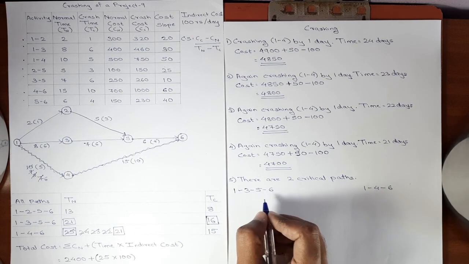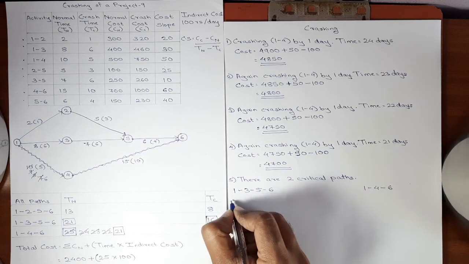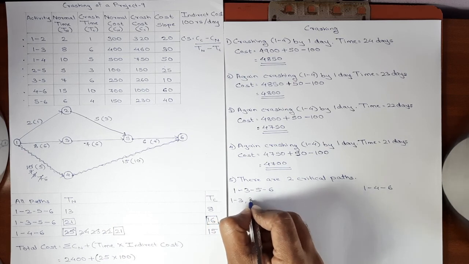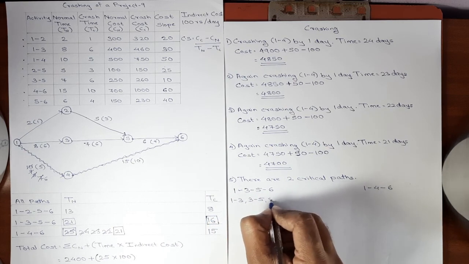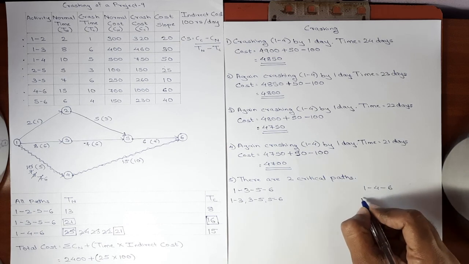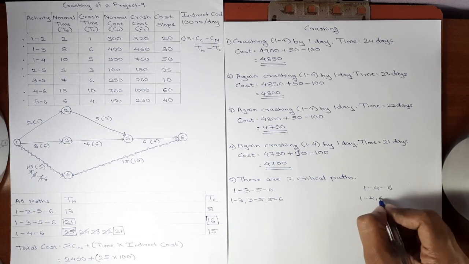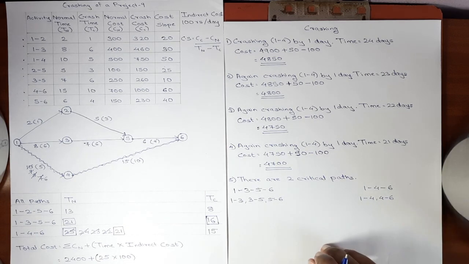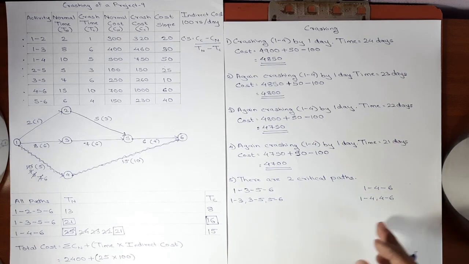We'll list out the independent activities from each path. From this path, 1 to 3, 3 to 5, and 5 to 6. From this path, 1 to 4, and 4 to 6. Now let's see if there are any common activities in both the paths.